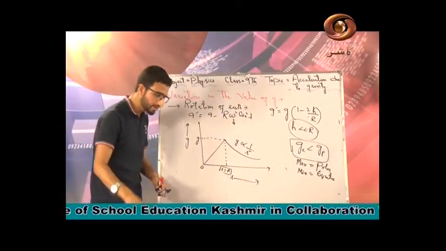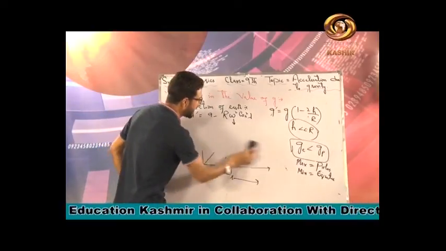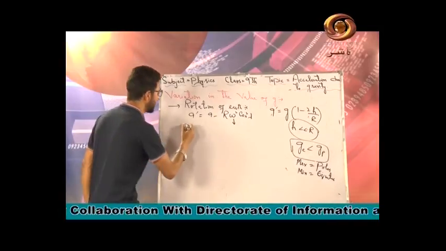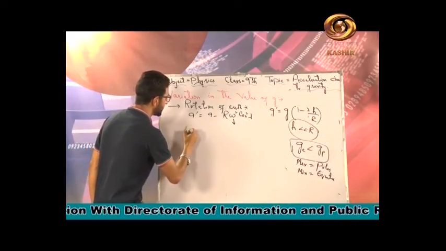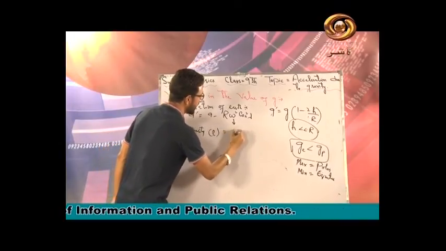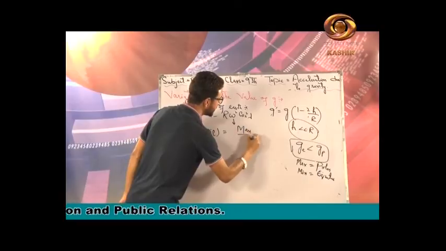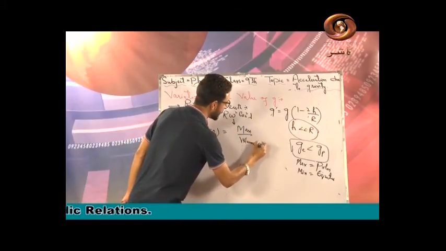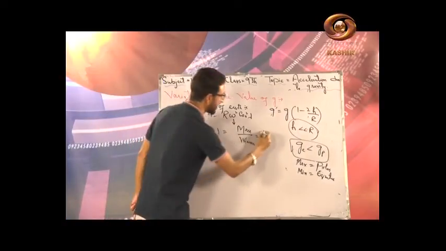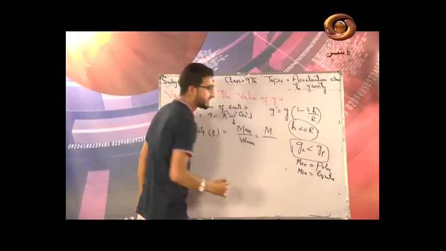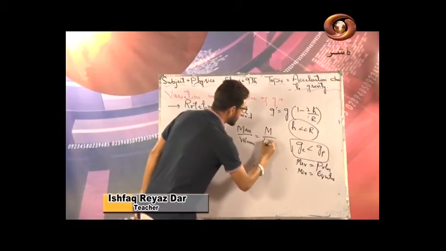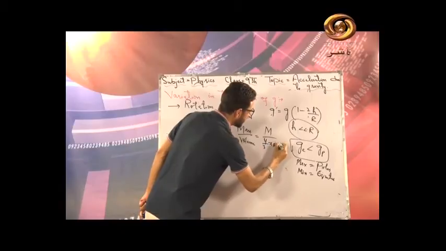So let us try to find out the mean density of earth using the concept of acceleration due to gravity. You know density rho is equal to mass per unit volume. Once again I will consider earth to be a perfect sphere of mass M and radius R. Since it is a sphere, volume of sphere is equal to 4 by 3 pi R cube.